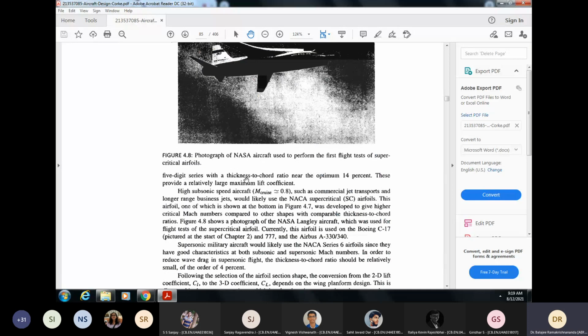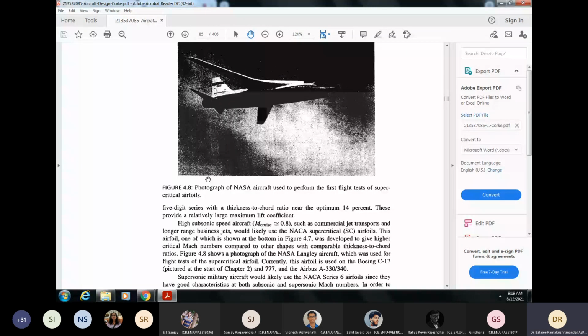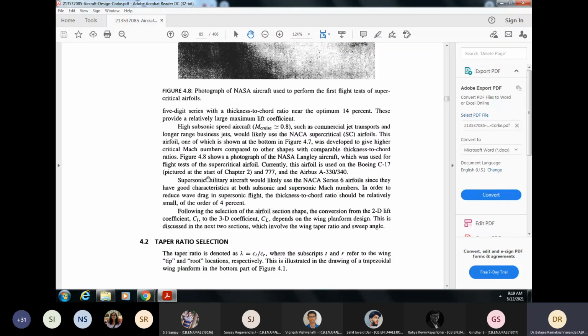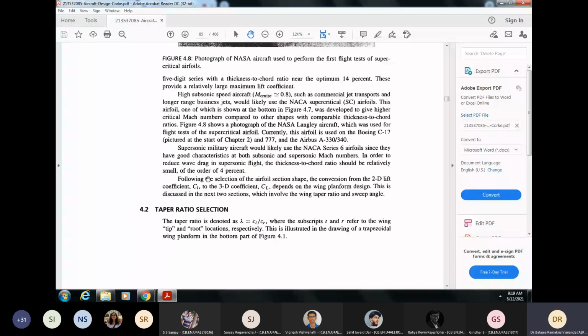Now, the 5-digit series is different from the 6 series. The 6 series may also have 5 digits, but they start with the number 6. Supersonic military aircraft likely use NASA 6 series. Accidentally, they discovered it works well for supersonic.